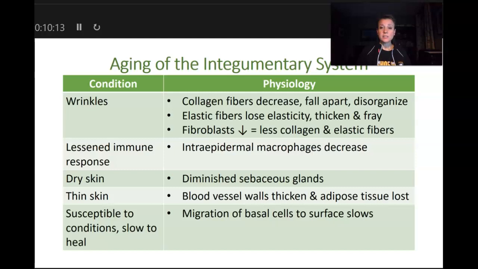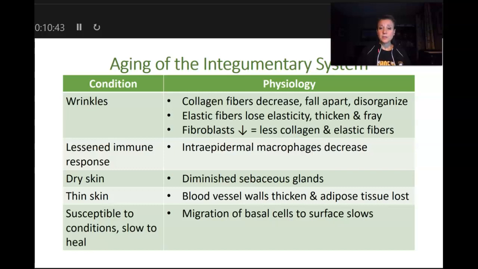You may notice if you just observe the skin of elderly people, it seems papery and very thin. And the reason for the paperiness is that the skin is starting to dry out. The number of sebaceous glands starts to diminish, which means that the amount of natural oils that are found on the surface of the skin will also begin to diminish.